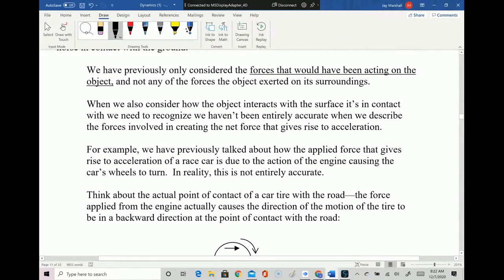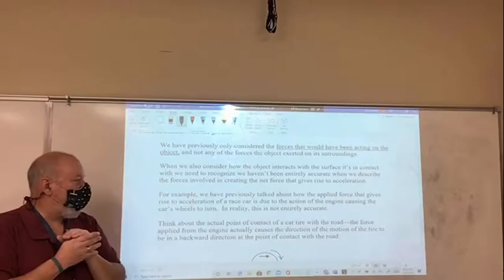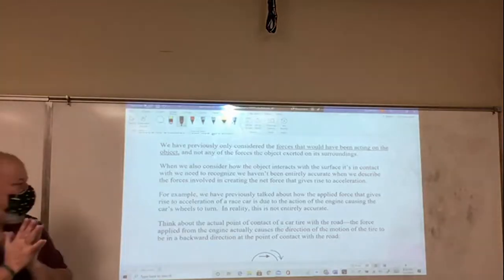So we've previously only considered forces acting on an object and not forces the object exerted on its surroundings. When we also consider how the object interacts with the surface it's in contact with, we need to recognize we haven't been very accurate when we describe the forces that give rise to acceleration.